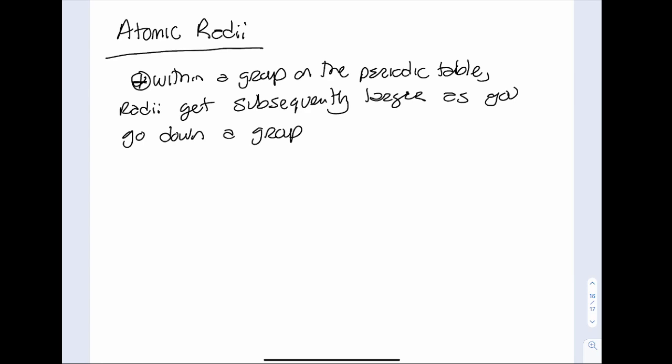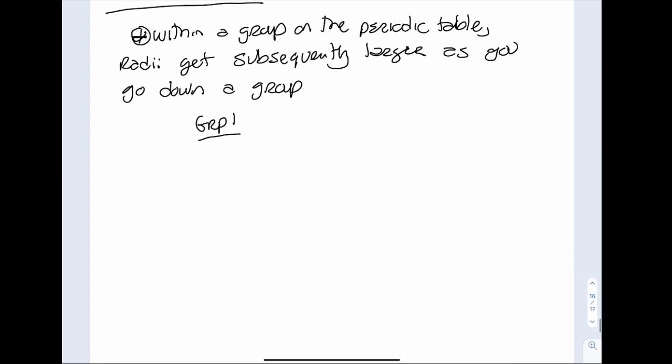Our reason, if we look at our periodic table, and I'm just going to look at group 1, or 1A, I have hydrogen, lithium, sodium, potassium, it goes on, but this is enough to make my point, and our atoms are actually getting larger as we go down. Our reason is the number of occupied shells.